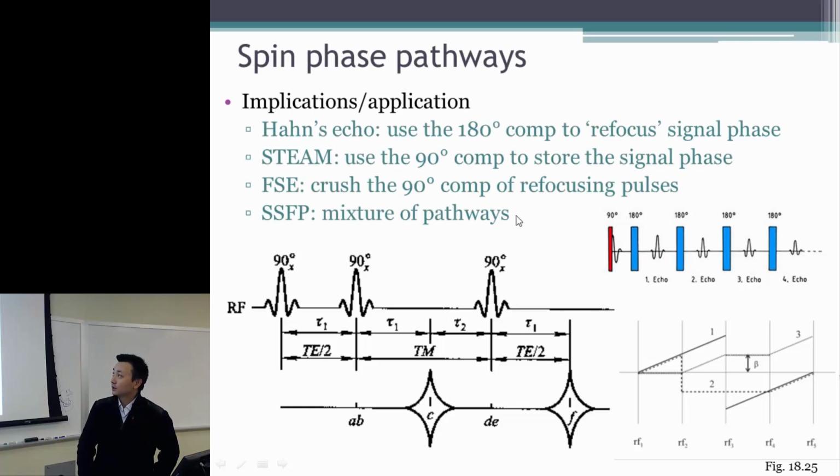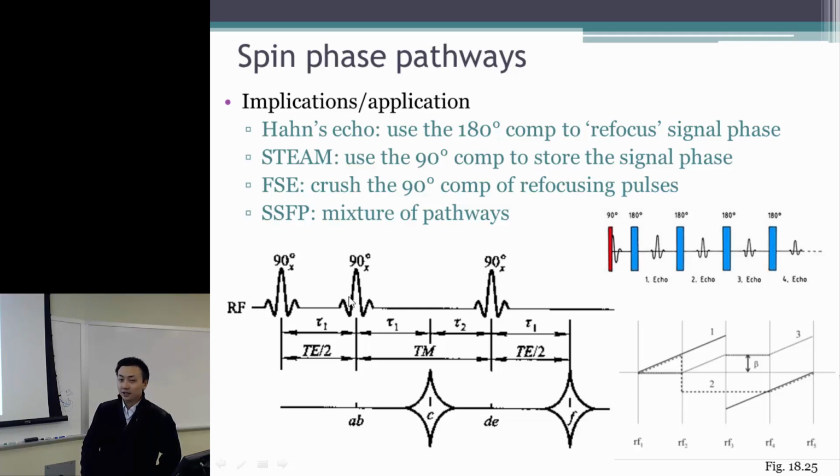All right, so some implications. If you are interested, you can look into more of those concepts. The first implication of this spin pathway analysis is that we can use it on the Hahn echo, which is a 90-degree pulse plus a 90-degree pulse. It uses the 180-degree components to refocus the signal phase.